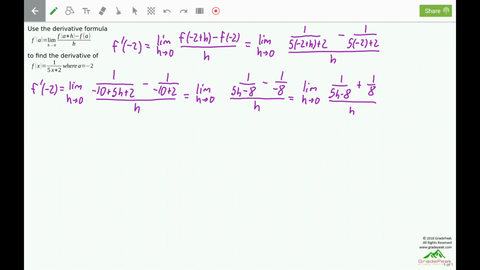So we can now formulate the common denominator. We need to multiply that first fraction by 8 over 8, and that second fraction by 5h minus 8 over 5h minus 8, because the common denominator will be 8 times 5h minus 8.